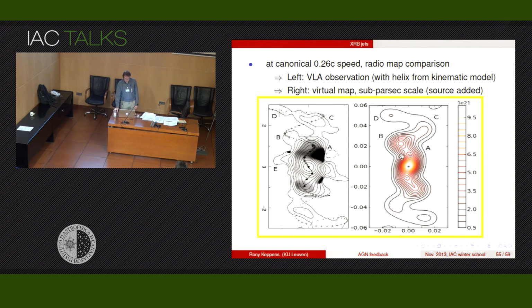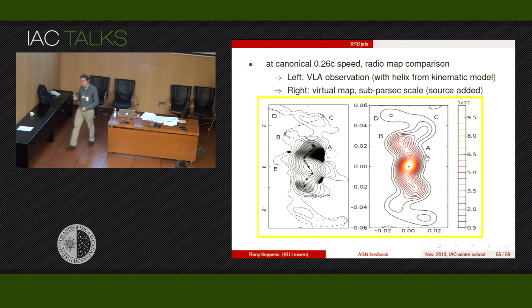And that turns out to be fairly successful in reproducing features that are, with a little bit of arguing, seen in the actual observation maps. And also here we have this delay: if we were to overplot a kinematic model, I haven't shown it on this plot, but we have it in the paper, we have this systematic difference between the kinematic model and the positions where you see individual features.